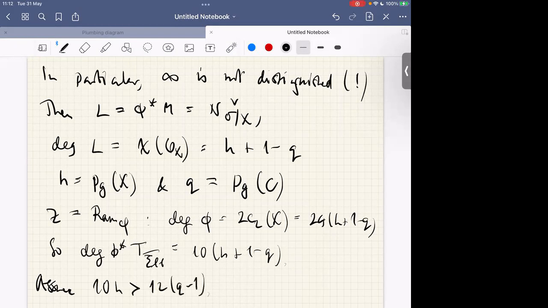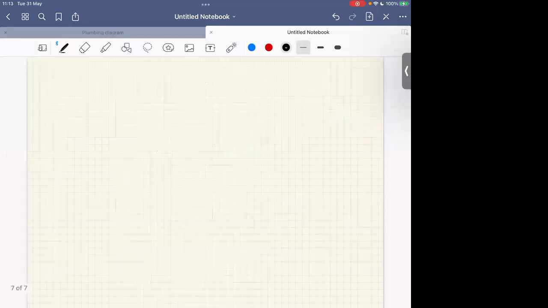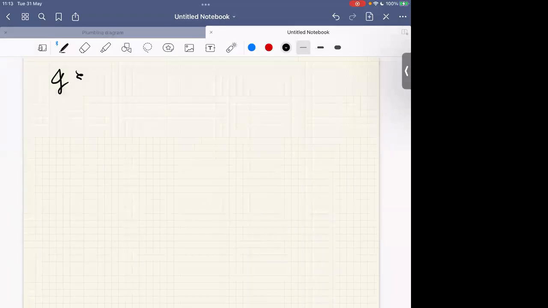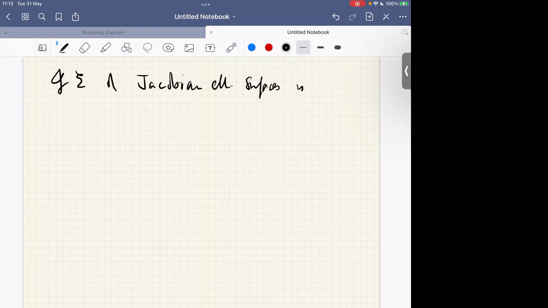So this has the effect that the stack JE of Jacobian elliptic surfaces is smooth of the correct dimension.